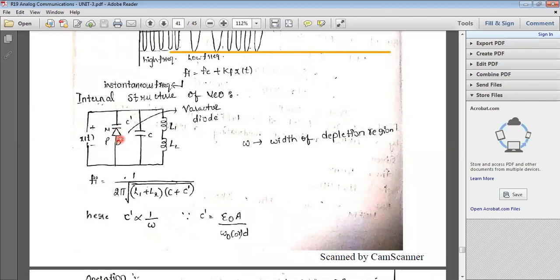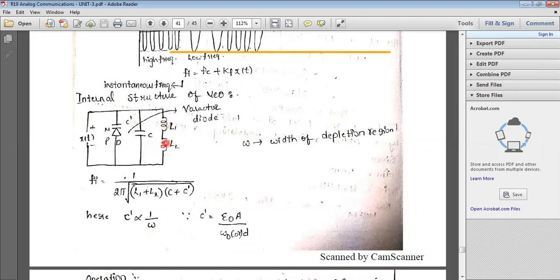The varactor diode is operated in reverse bias. So here the capacitance value changes in accordance with the applied input voltage. Already I told you, this is a VCO, that is, internally it has a tuned circuit, a combination of capacitor and inductors.